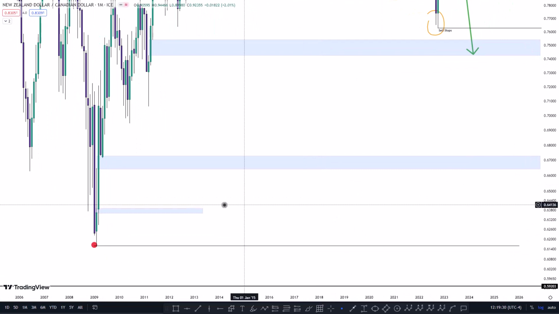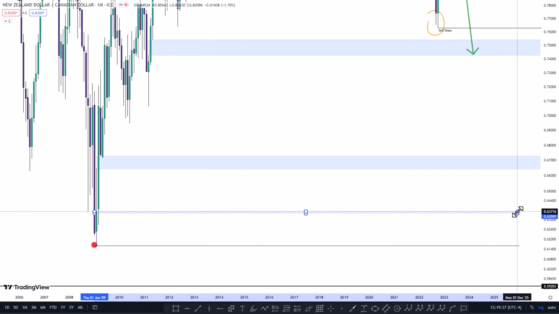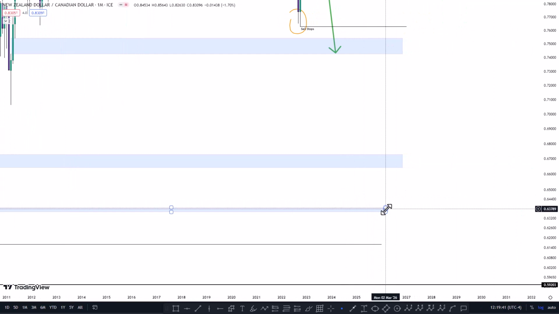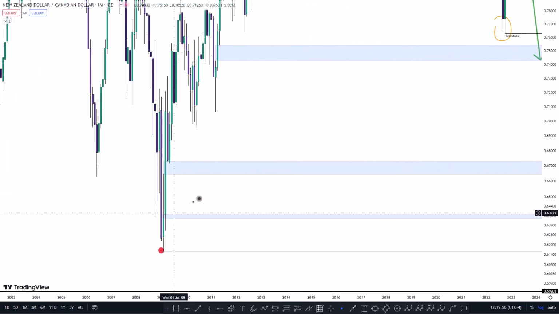These are the things you need to mark on your NZDCAD right here. This is how to identify the true direction of your pair.